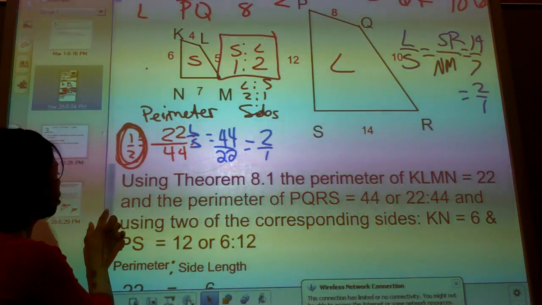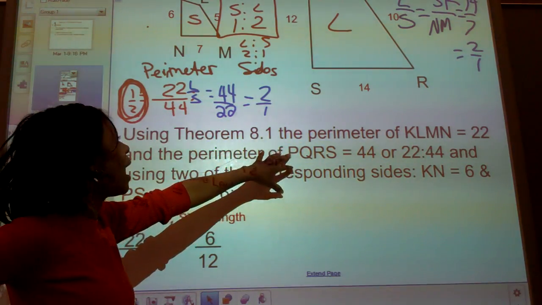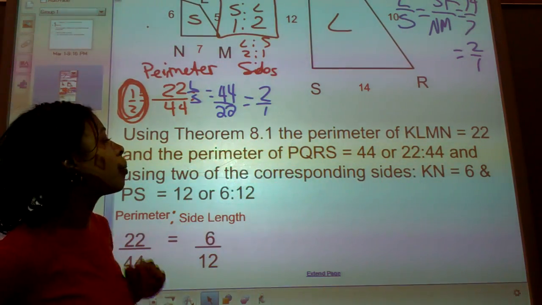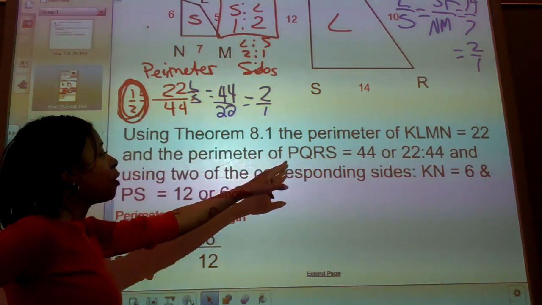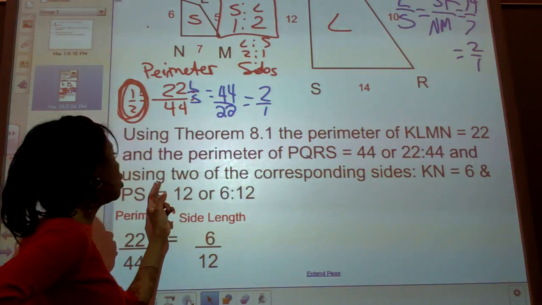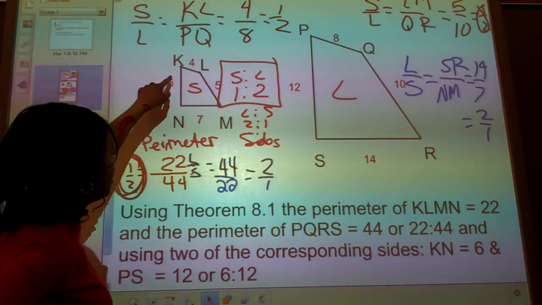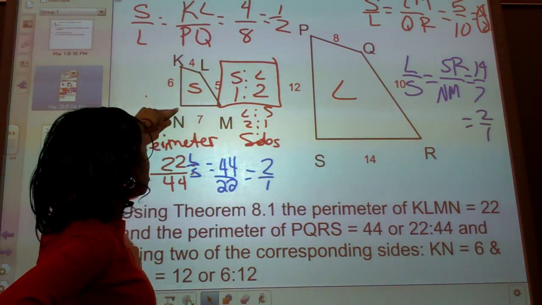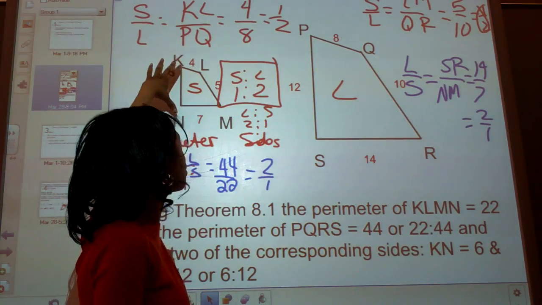Using Theorem 8.1, the perimeters. Okay? This is how we will write it out based on the example I just gave you. Theorem 8.1: the perimeter of KLMN is 22, and the perimeter of PQRS is 44, so the ratio is 22 to 44. And using 2 of the corresponding sides, if I chose to compare, as I already did, KN is 6, and I automatically have to compare it to the corresponding side.